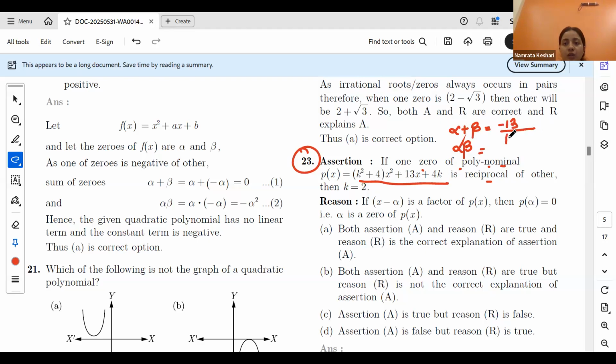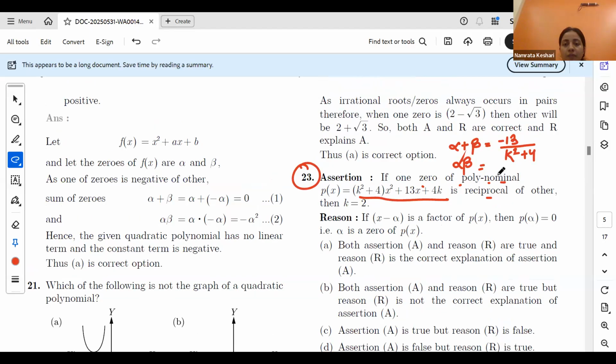And the product will be 4k divided by k square plus 4. Okay, it's 4k, because the constant term is not multiplied with any x, it is completely a constant. 4k divided by k square plus 4.